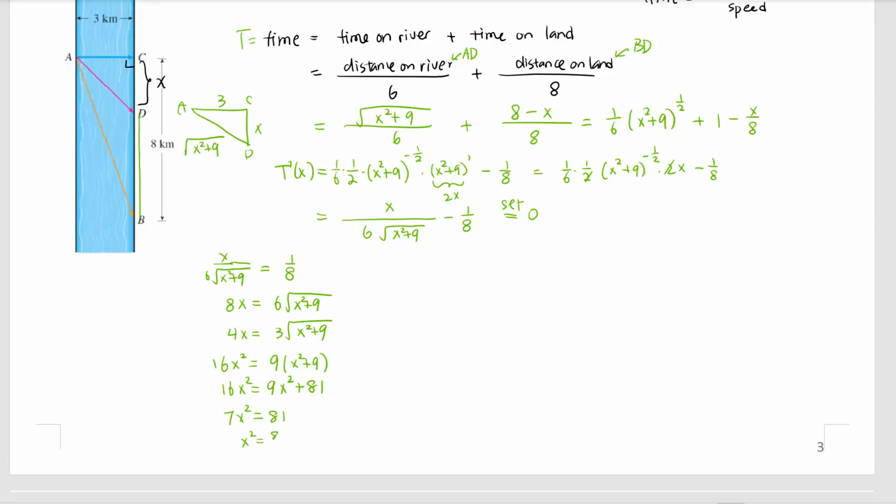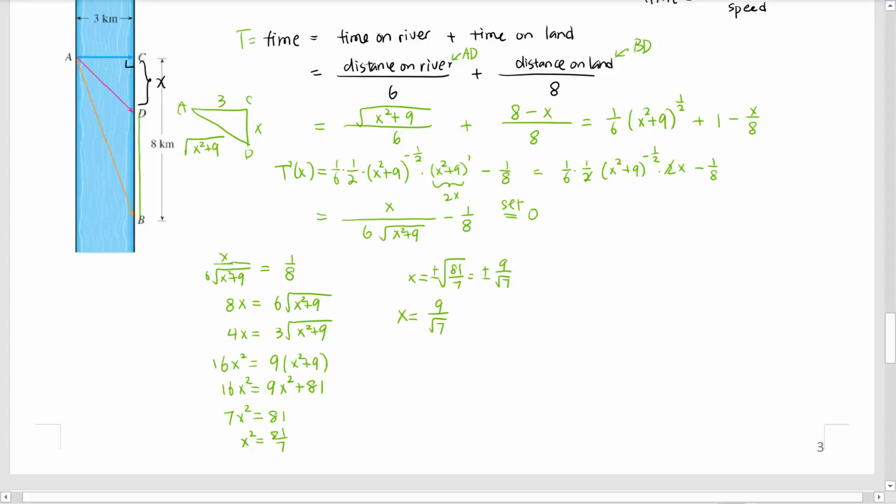So x squared is 81 over 7, and x is plus or minus 9 over square root of 7. But here x is positive because you don't go backwards, so we only pick the positive number. So x equals 9 over square root of 7. That is our critical point. What is the domain?